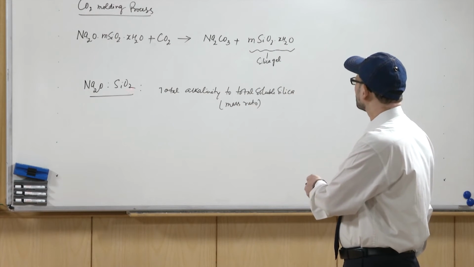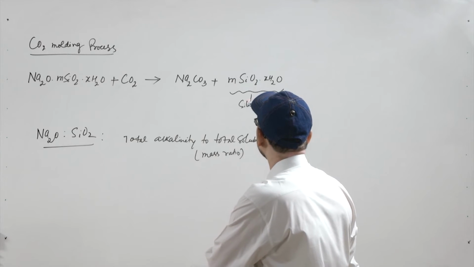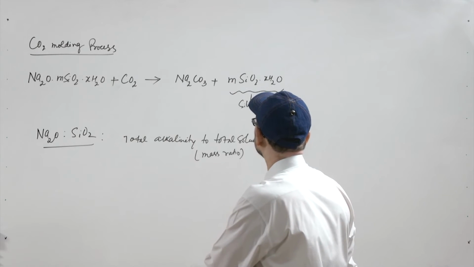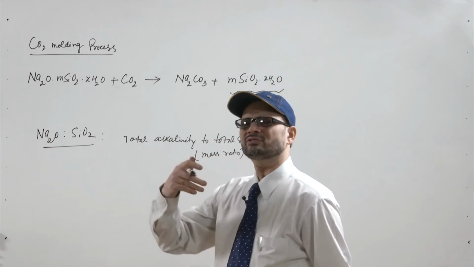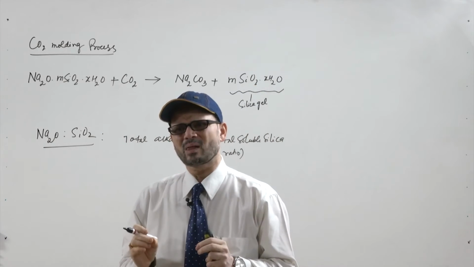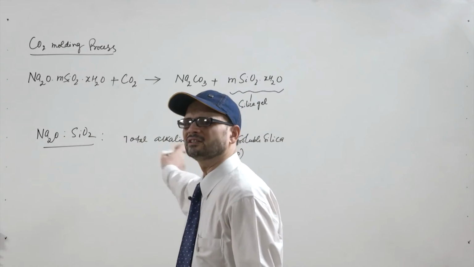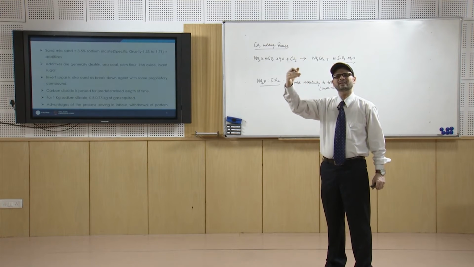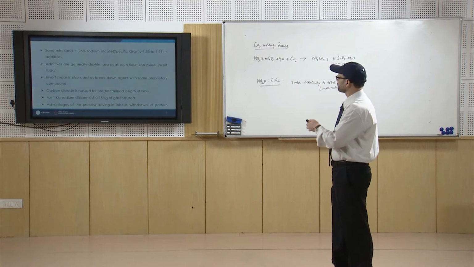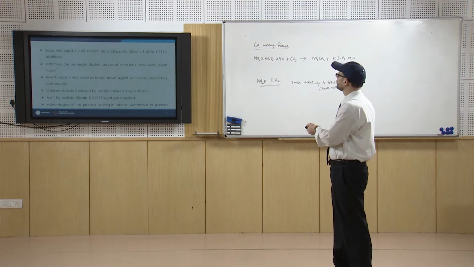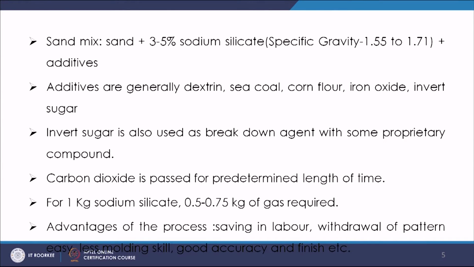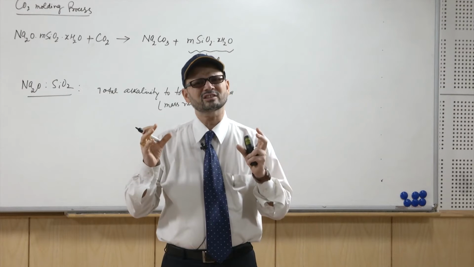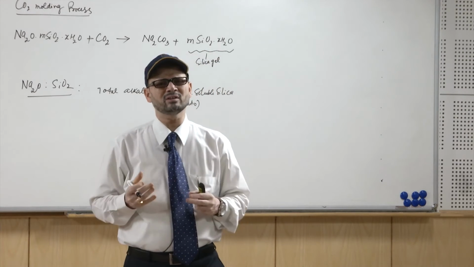Further, you can also change the mass ratio or the gravity. Sometimes we use certain additives to change the characteristics of this sodium silicate, like invert sugar. Additives are also used like dextrine, sea coal, corn flour, iron oxide, invert sugar. These additives are basically required to increase the collapsibility of the mold.